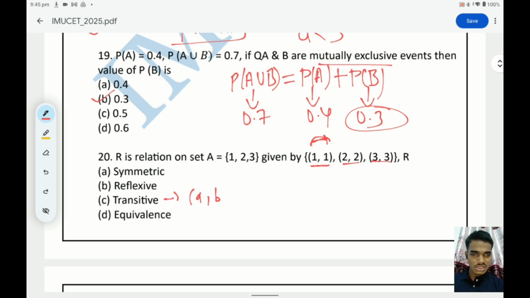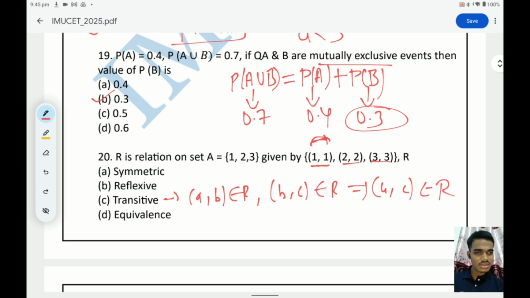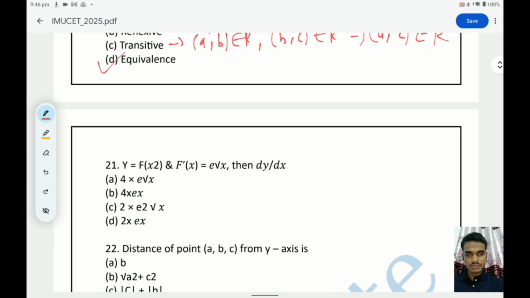If (a,b) lies in a relation, (b,c) lies in the relation, and therefore (a,c) also lies in the relation, then we can get this is transitive. And here we can see all the possibilities are possible here, because (1,1) and (1,1) and (1,1), all are possible here, no? So equivalent, simple. Equivalence relation.